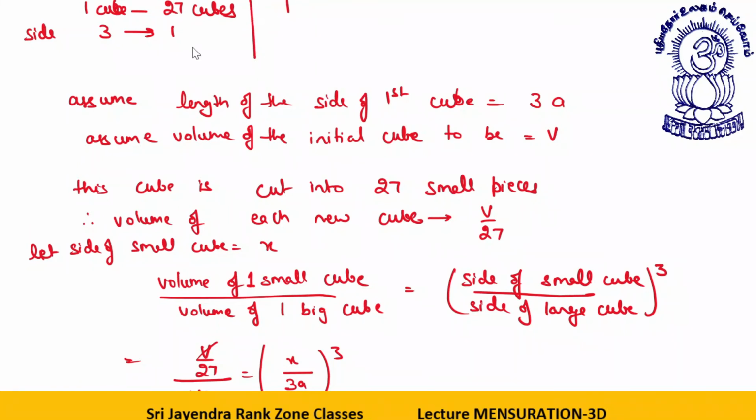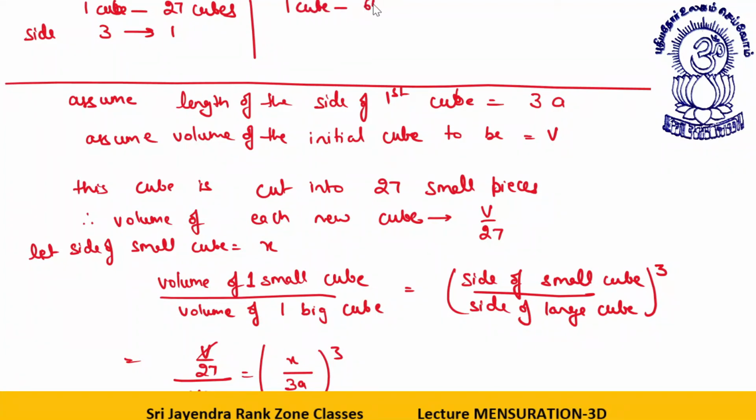If somebody says this one cube is broken into 64 cubes, that is 4 cube, then the ratio of side will be: side of this bigger cube will be 4, the size of the smaller cube will be 1.